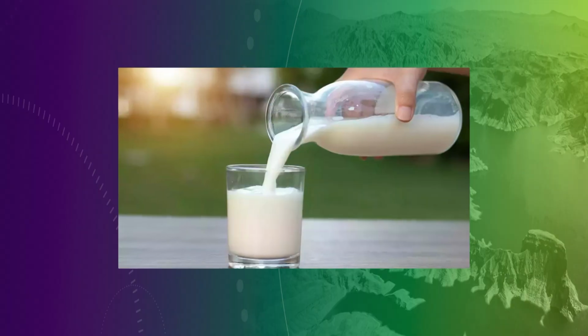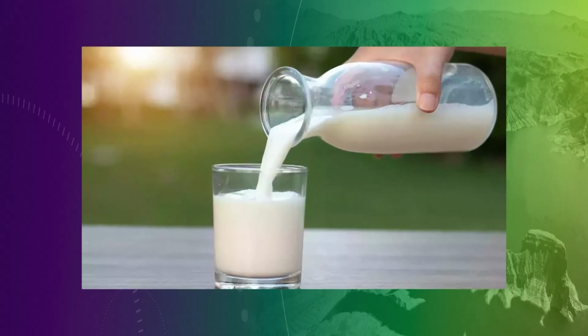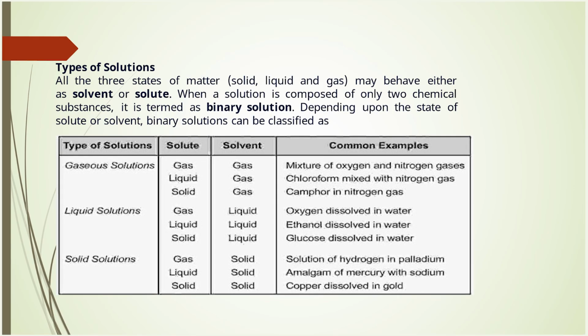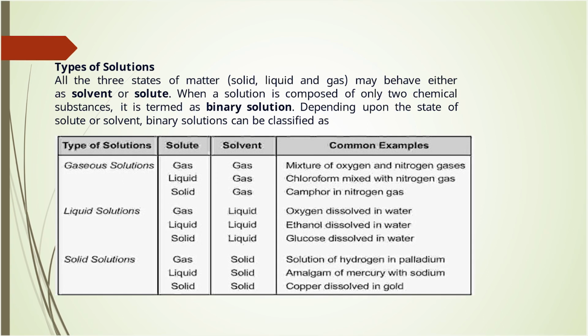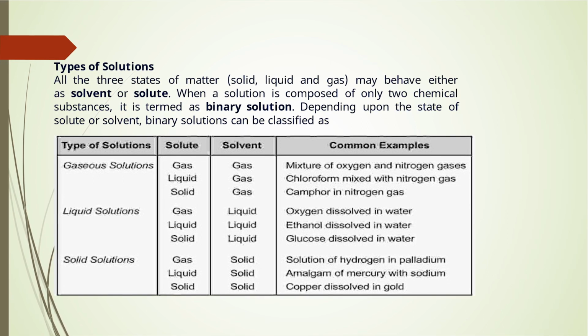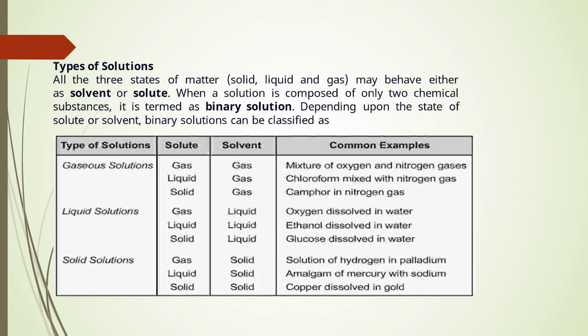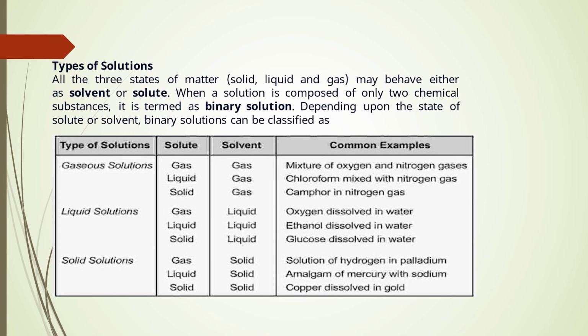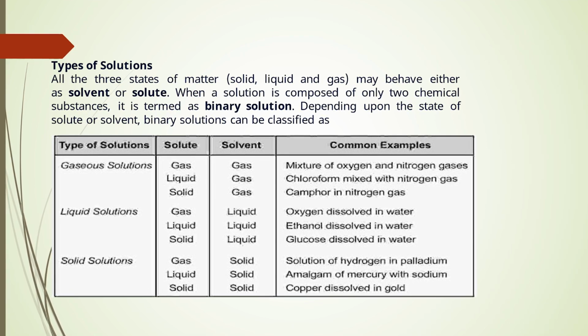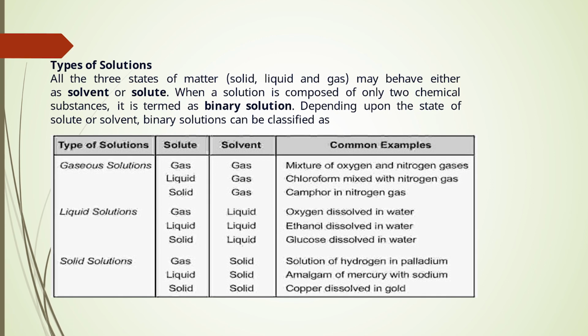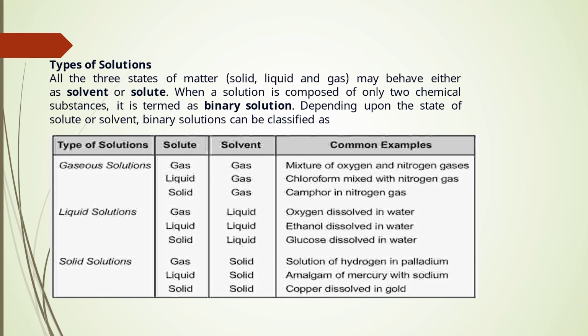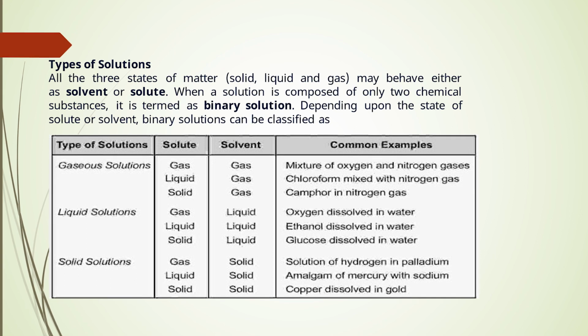Example, milk. Sixth, solid as solute in liquid as solvent. Example, glucose in water. Seventh, gas as solute in solid as solvent. Example, adsorbed gases. Eighth, liquid as solute in solid as solvent.